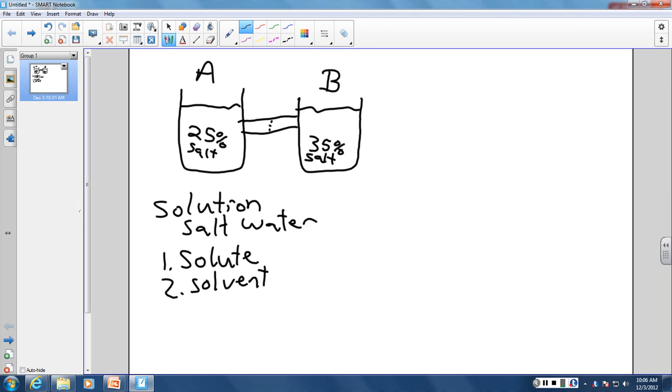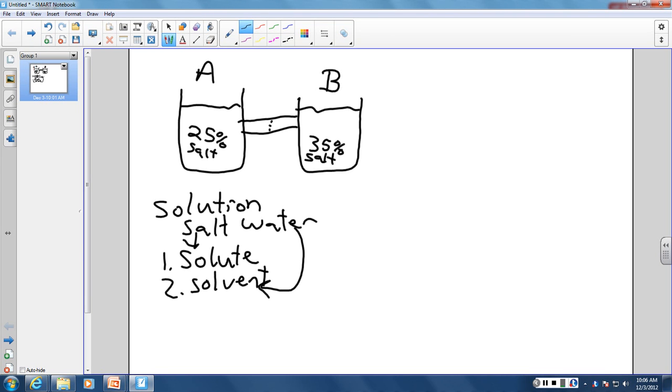You all remember that? So any solution has a solute and a solvent. So the solute is what's dissolved in the solvent. If we have a solution of salt water, salt would be the what? Solute. Water would be the solvent.